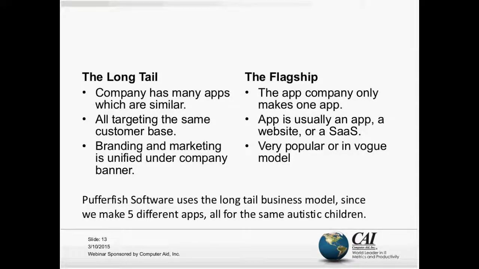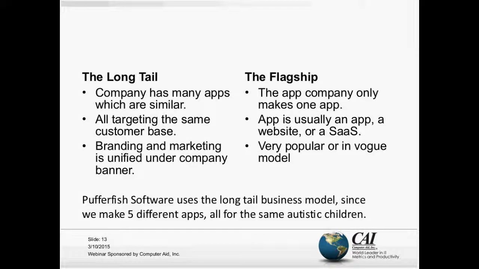And the marketing for these apps is going to be unified under the same company. This is what Pufferfish software does. We make 5 apps for autistic children, so all of our apps have a similar purpose. They're all targeting parents and caregivers of autistic children, and we don't have individual websites for all of our apps. We just have one website at pufferfishapps.com.